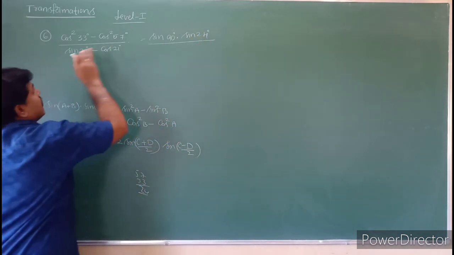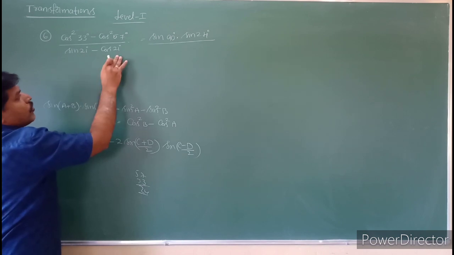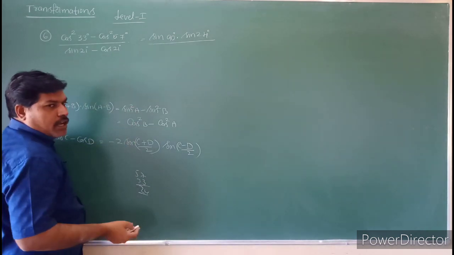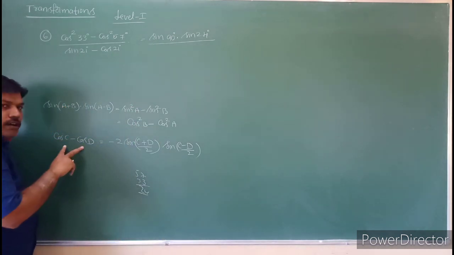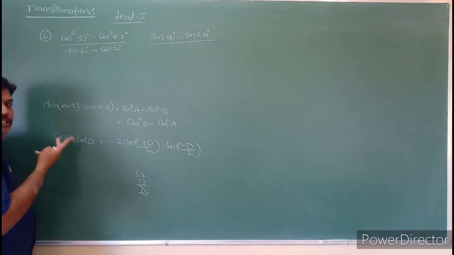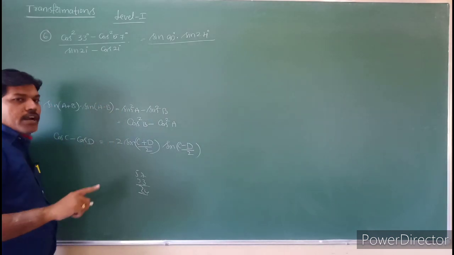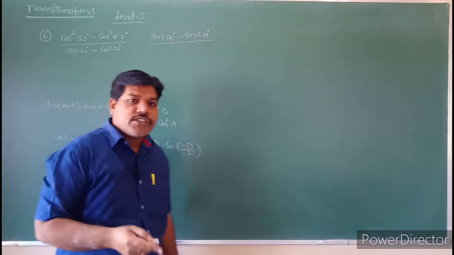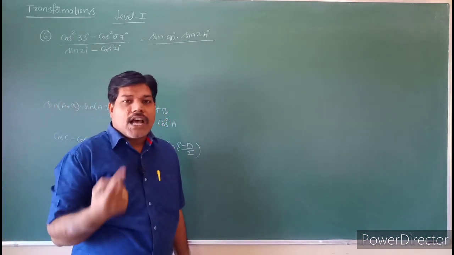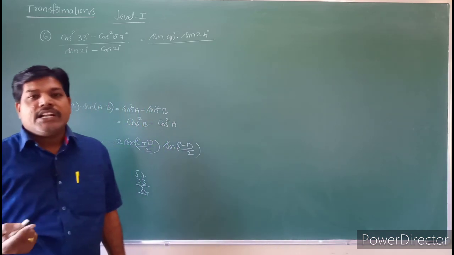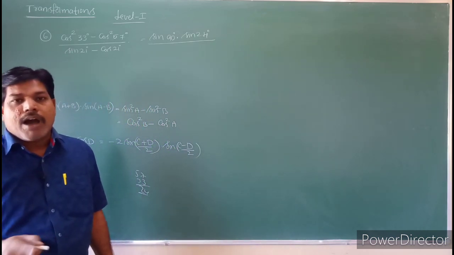So if you want to apply the transformation formula, both the terms should be in cos or both in sine. So I will change this sine in terms of cos. I already told you how to change sine into cos: sin theta can be written as cos(90 minus theta).